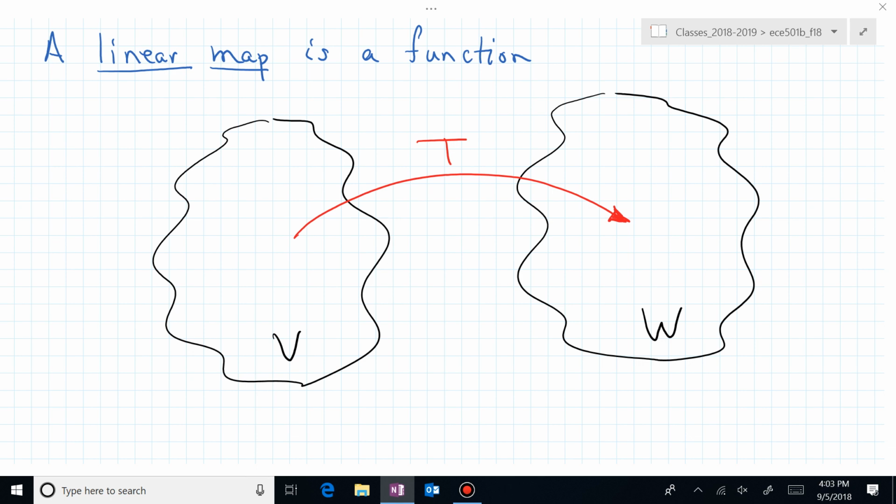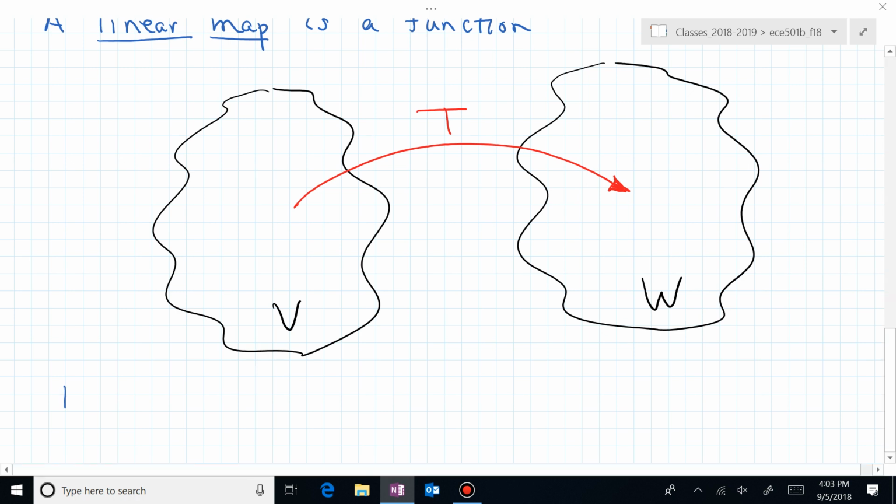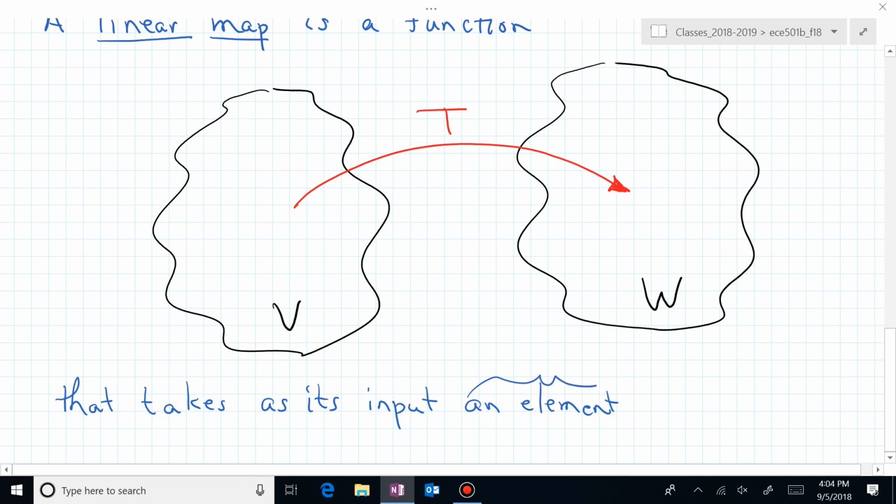We'll call them many different things, but a linear map is a function that takes as its input an element, or maybe you want to think of this as what we've been calling it before, a vector.